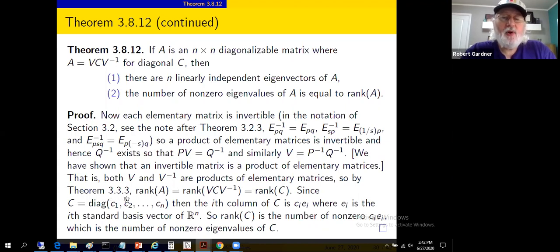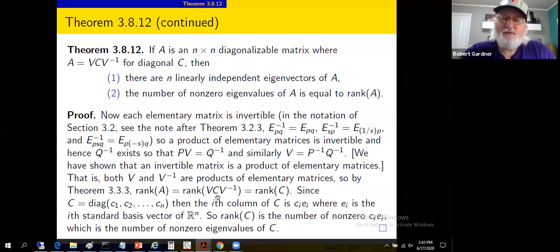Theorem 3.3.3 said, well, we're applying it right here. Theorem 3.3.3 said, if I take a matrix C and multiply it on the right and the left by a matrix that's a product of elementary matrices, that doesn't change the rank.